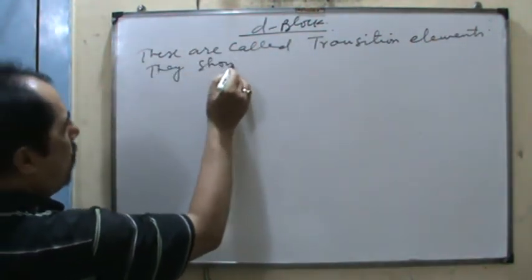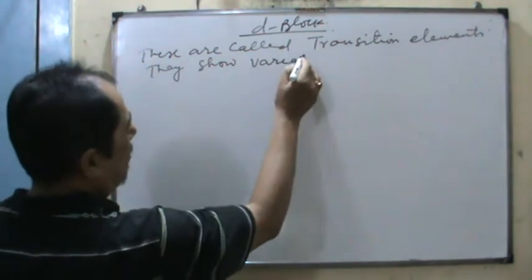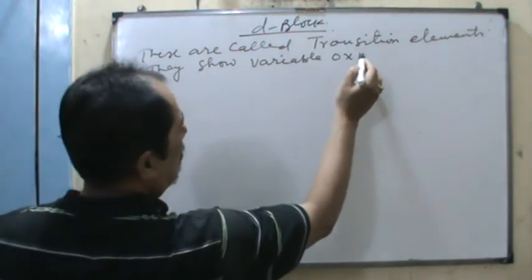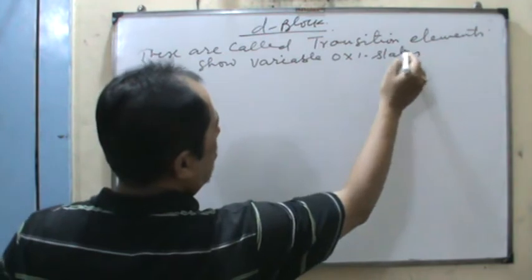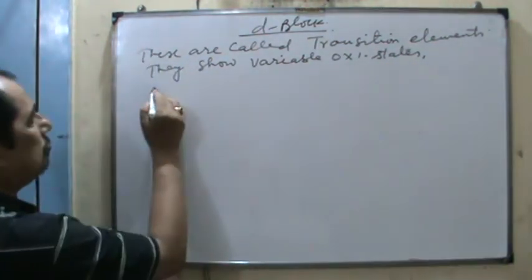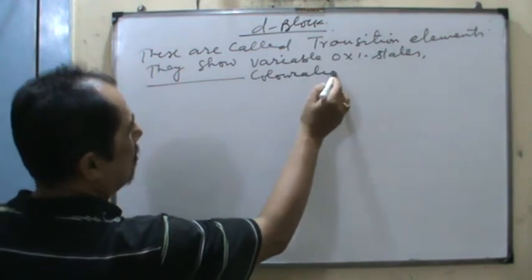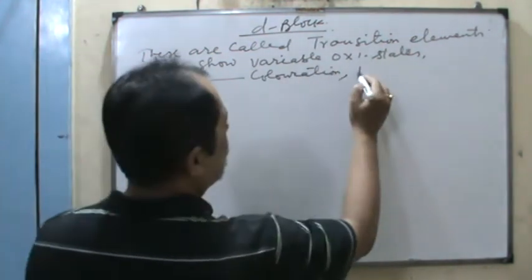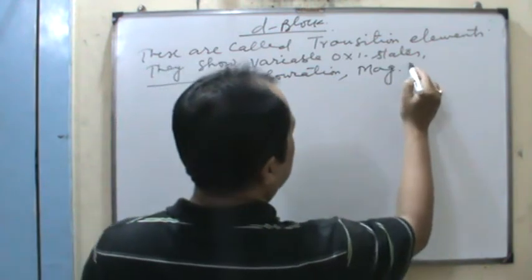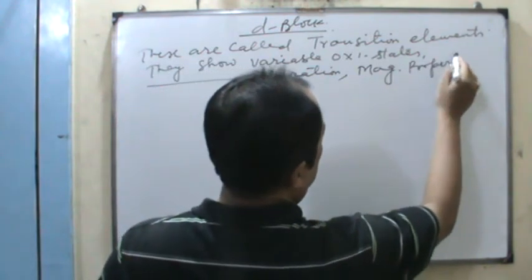They show variable oxidation states. They show coloration as well as magnetic property.